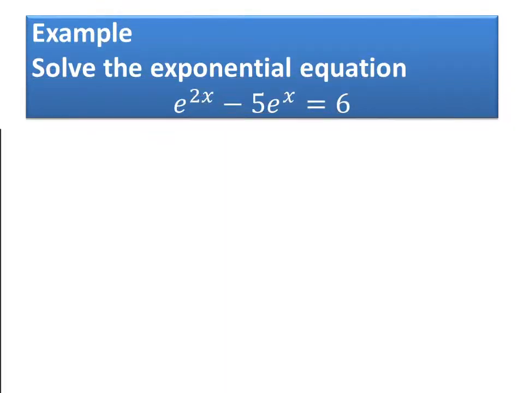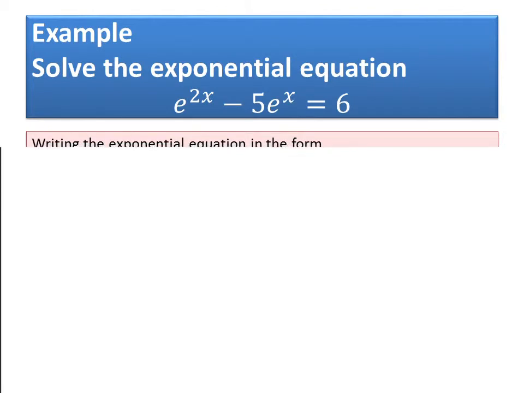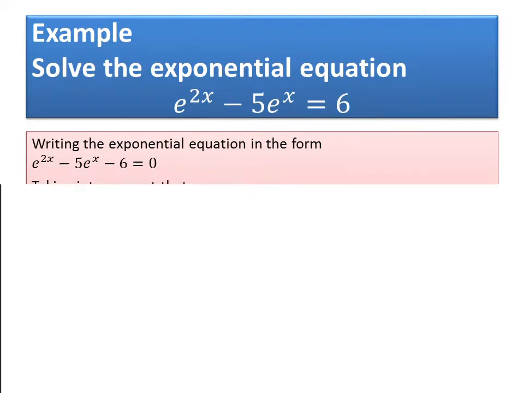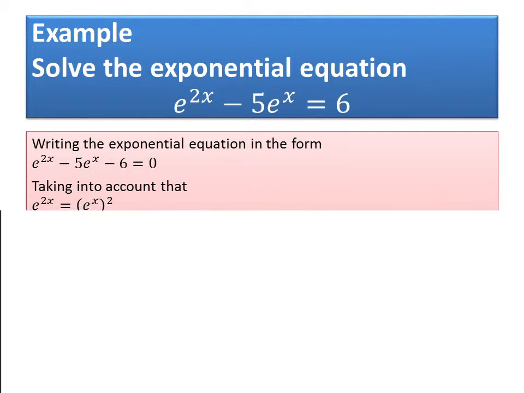Example. Solve the exponential equation e^(2x) - 5e^x = 6. We will write the equation in the form e^(2x) - 5e^x - 6 = 0. And we take into account that e^(2x) is (e^x) squared.